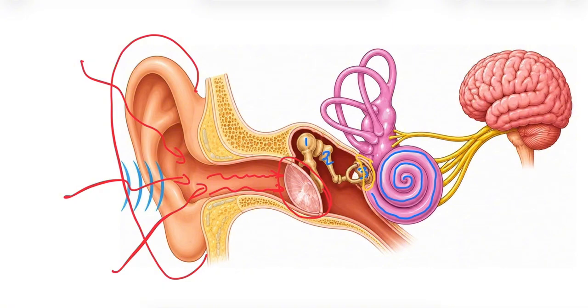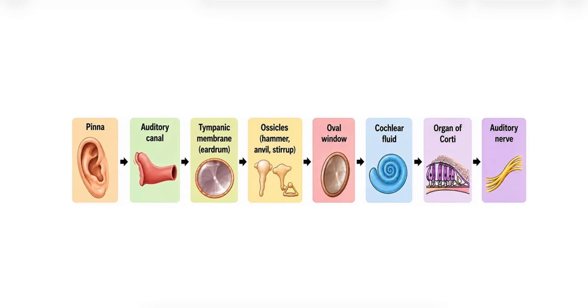The nerve impulse is then transmitted through the auditory nerve to the brain. In fact, to this part of the brain, which we refer to as the cerebrum, where the nerve impulse is interpreted as sound.